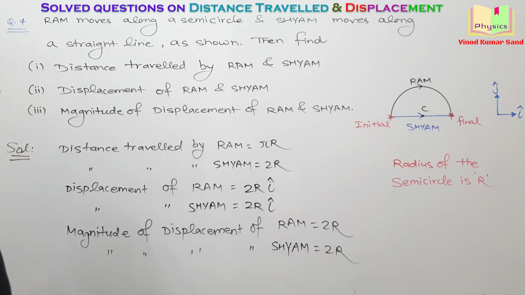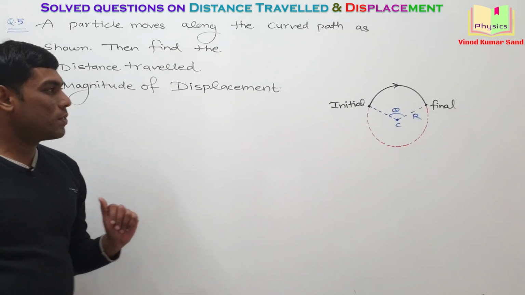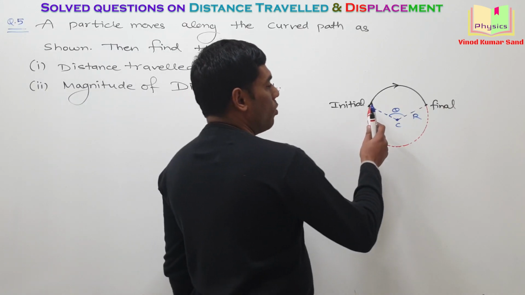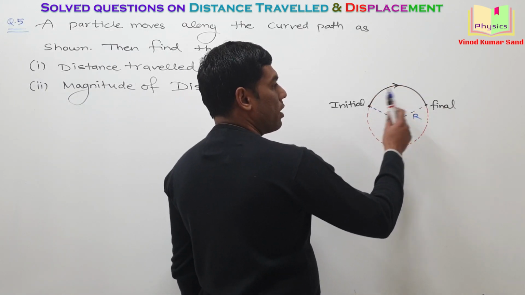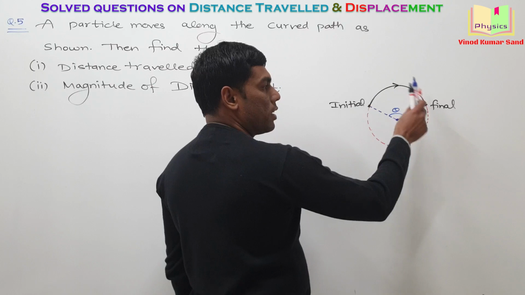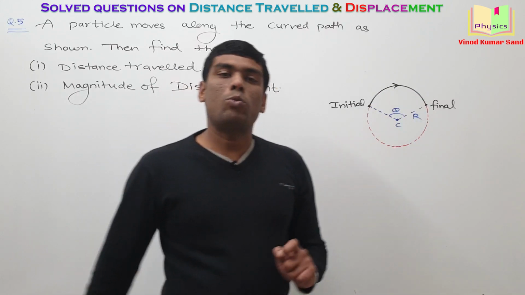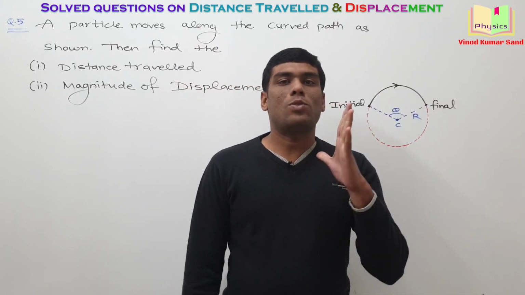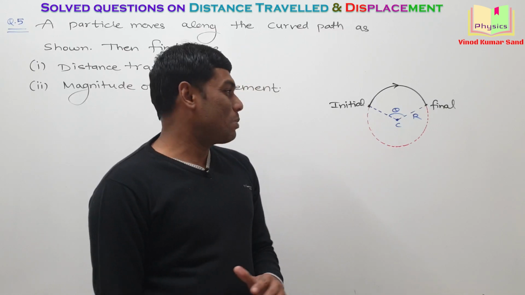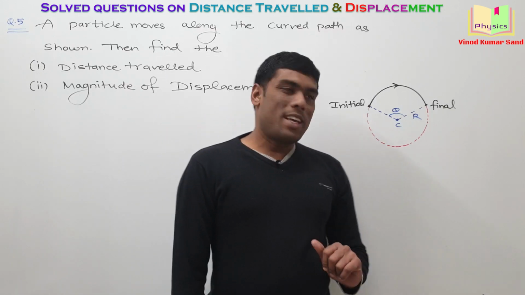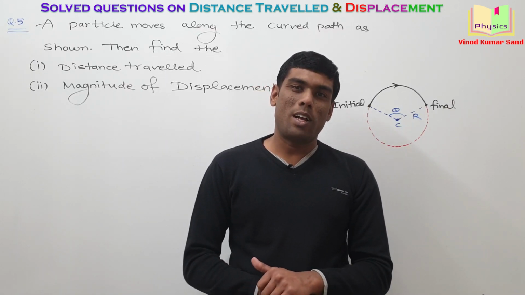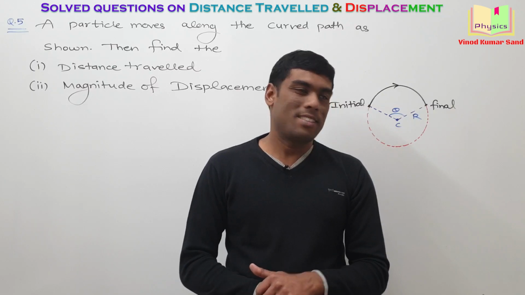Okay, pretty simple question. Note down the answers, then we'll go further for the fifth question. Here lies the fifth question. A particle goes from initial position to the final position as shown here. Then we need to answer the distance traveled as well as the magnitude of displacement. Pause here and try to post your answer in comment box. Simple question.